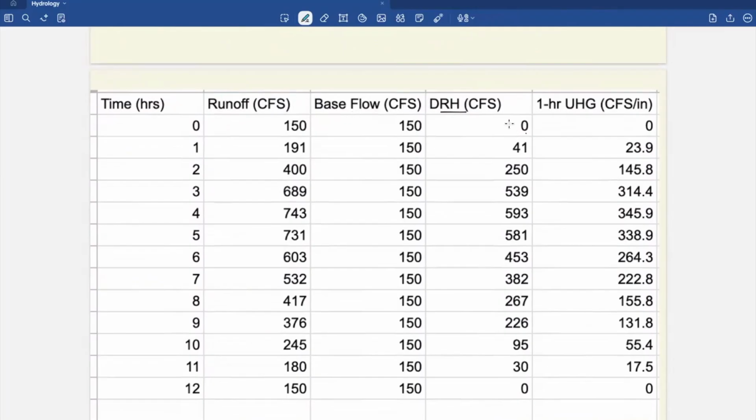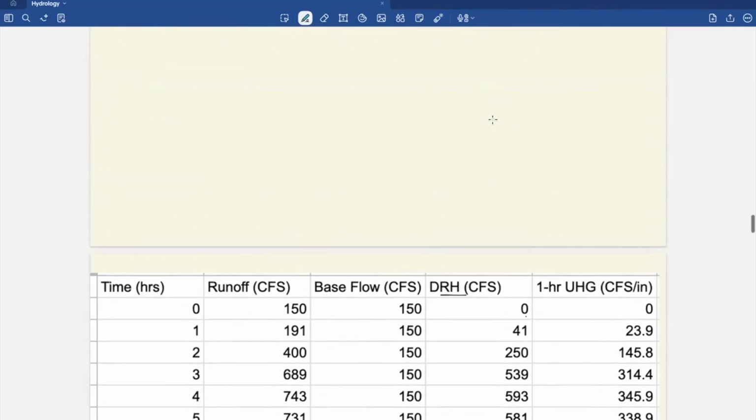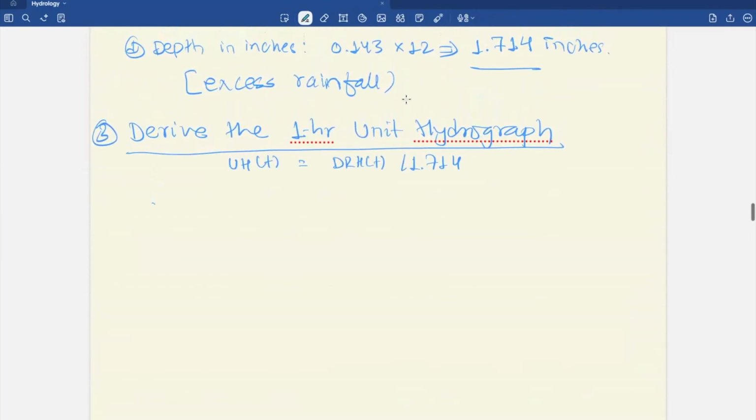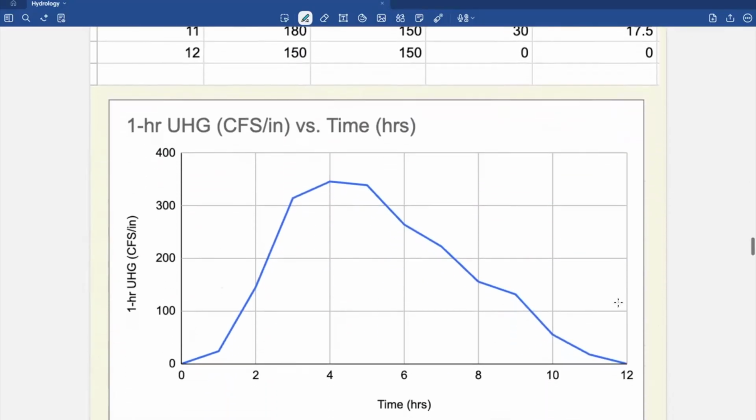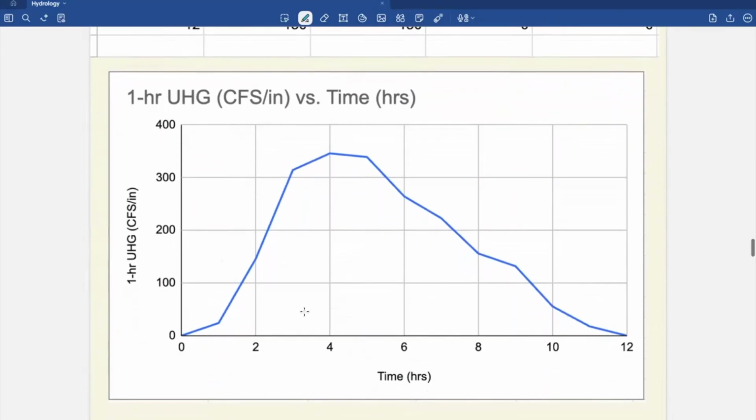When we divide this DRH by the excess rainfall, that is 1.714, we get the 1 hour unit hydrograph. It is the same process for all rows here. And when we plot the 1 hour unit hydrograph with respect to time, the figure looks like this.